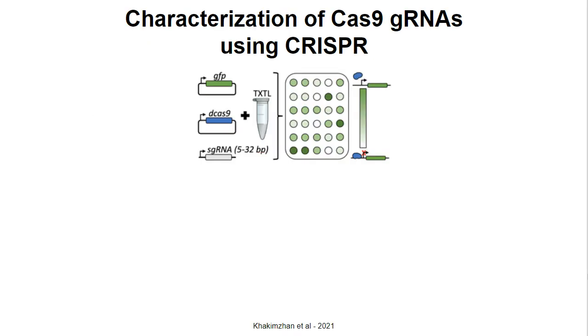So in addition to changing the location where the guide RNA targets, we can change the guide RNA itself. We can introduce truncations to the spacer sequence of a guide RNA, or we can introduce mismatches to the spacer and see how that would work. So here we have the characterization of Cas9 guide RNAs using TXTL.